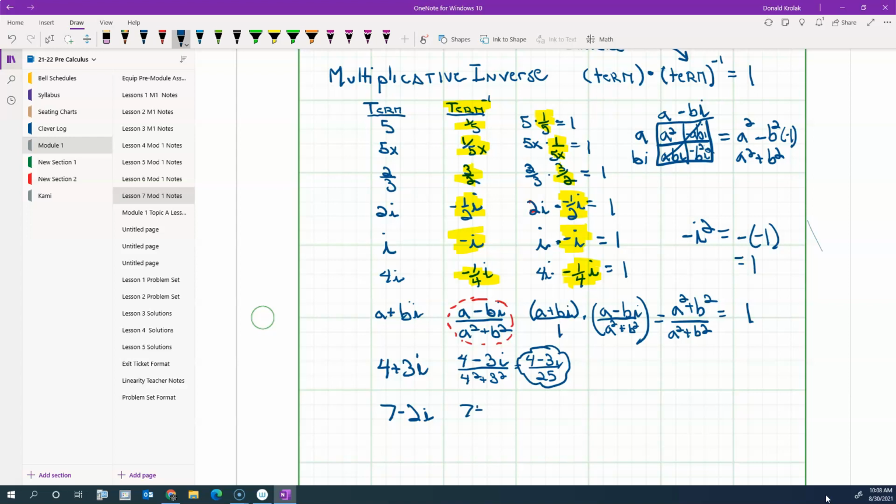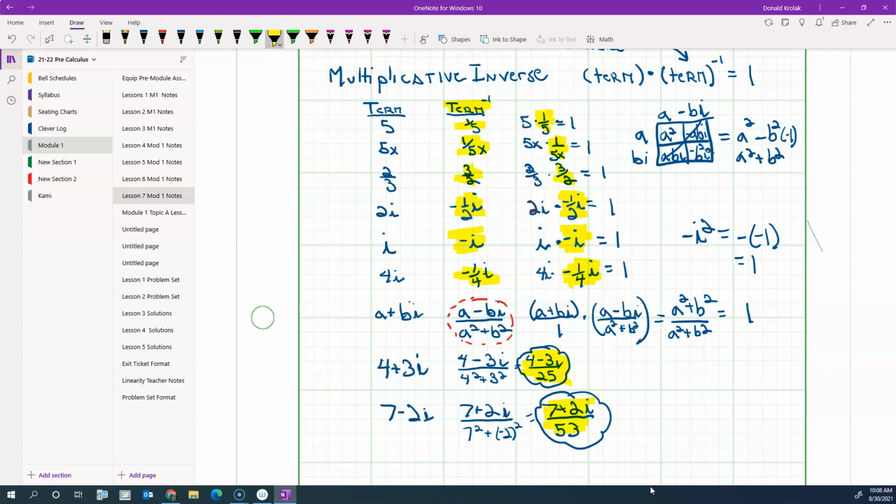The opposite of 2i, negative 2i, is 2i all over 7 squared plus negative 2 squared. So 49 plus 4 is 53. And that's how you get the multiplicative inverse.